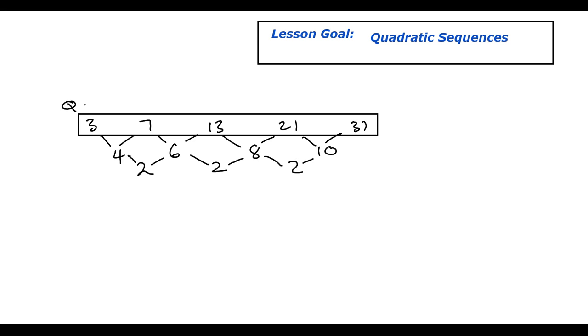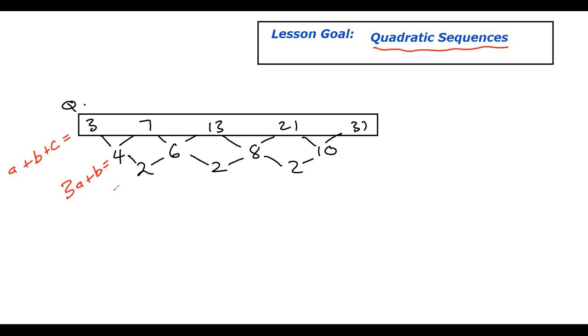We have to remember the following formulas. These formulas we memorize. We take A plus B plus C and we make it equal to the first term. We then take 3A plus B and make it equal to the first term of the second difference.